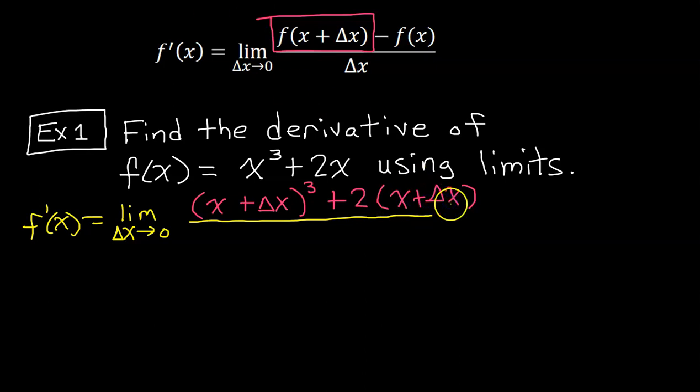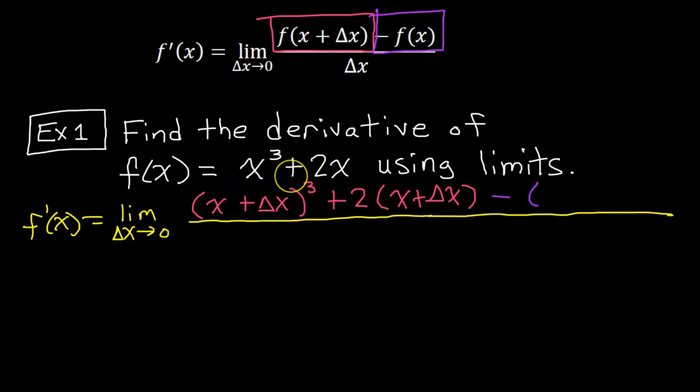All right, I'm going to need a longer fraction line. So all of this red stuff is just the box right here. Now I'm going to do the last little part, the minus f of x part. All right, so minus, and this is f of x.